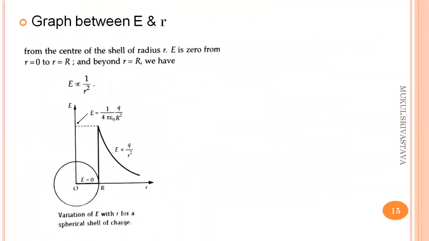Now we are going to discuss the graph between capital E and small r. Capital E represents the electric field, and small r represents the distance of the point where we are going to find the electric field.